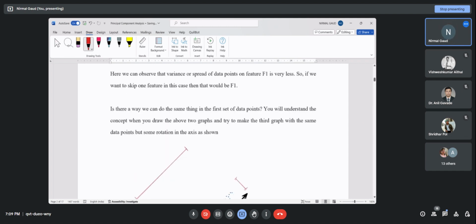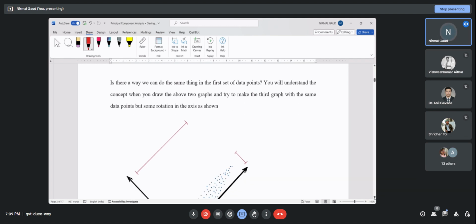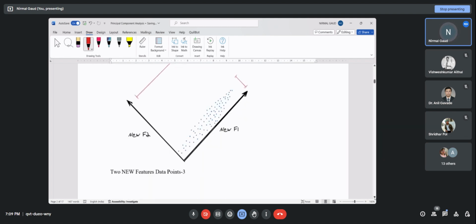So now we decided to make principal components. That means we want to orient axes, and we want to transform our data over those axes, so that we can get a component along which the variance shown by these features previously will be reduced.